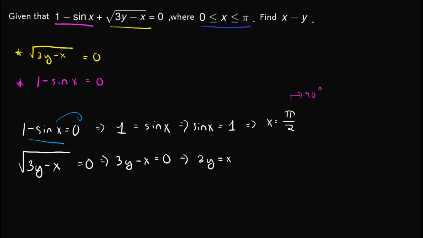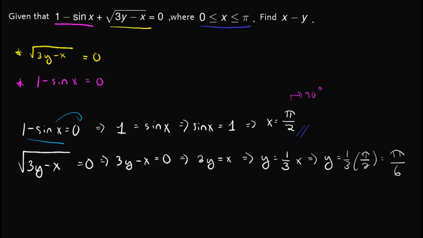Dividing both sides by 3 gives us y is equal to 1 over 3 x. Since we know what x is from above, we can write this as y is equal to 1 over 3 times pi over 2, which is pi over 6. So we now have our values of x and y.